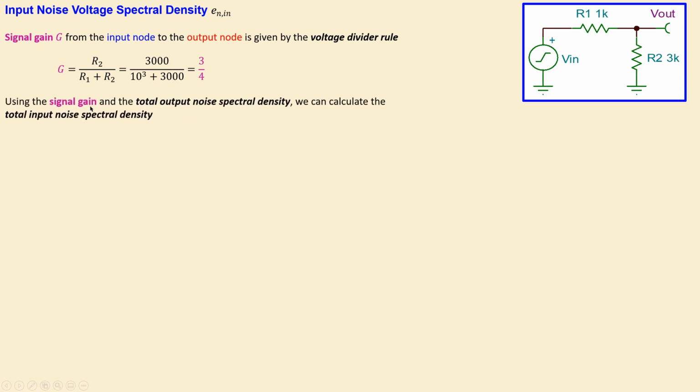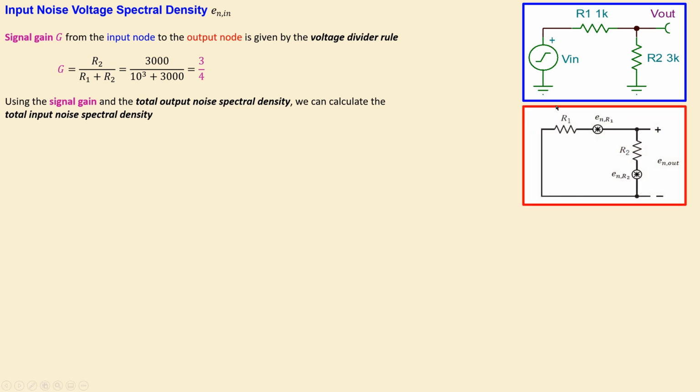Now, using the signal gain and the total output noise spectral density, we can calculate the total input noise spectral density. Again, using this model, we know e sub n out, the small letter e, which is the output noise spectral density, is the gain times the input noise spectral density.